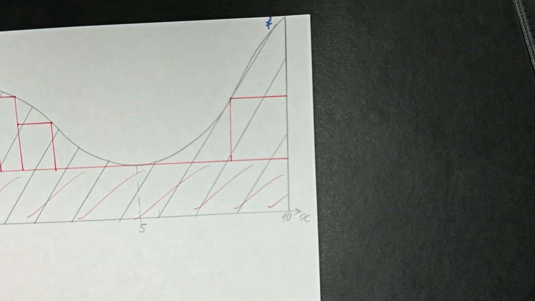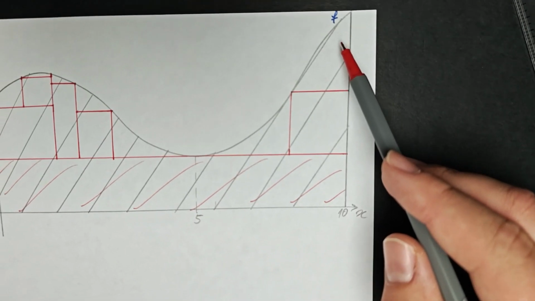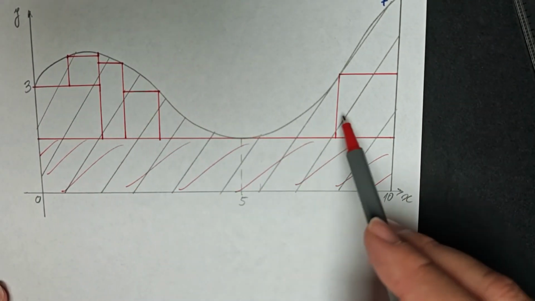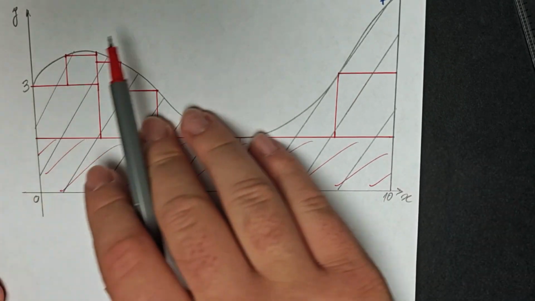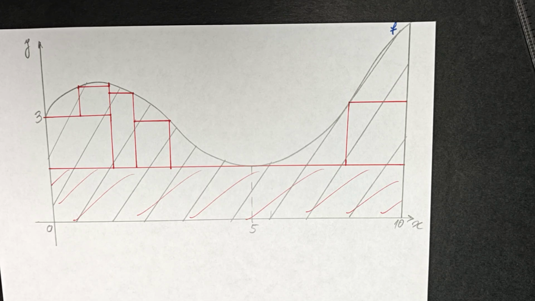We are then going to calculate the area of this shape under the function f by calculating the area of each of these rectangles and then adding them all up together. And by doing that, I would get an approximation for the area under the function f.